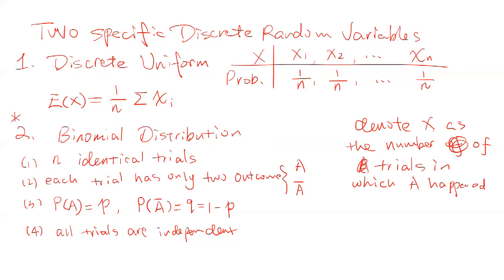Then X is a random variable. X can be any value between 0 to n. Then X follows a binomial distribution.